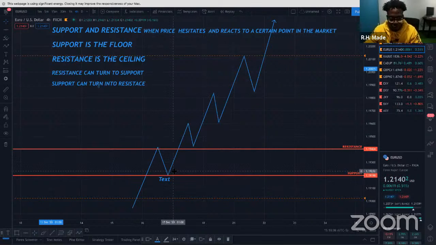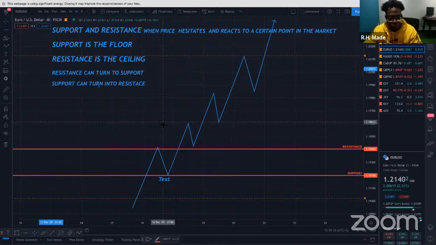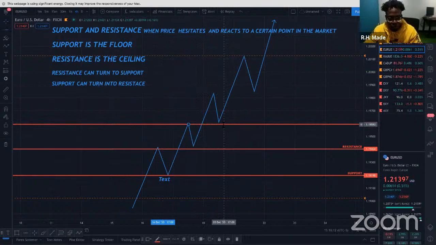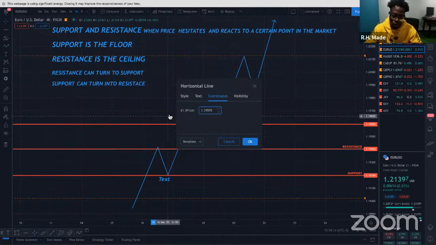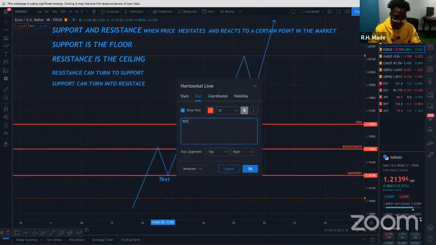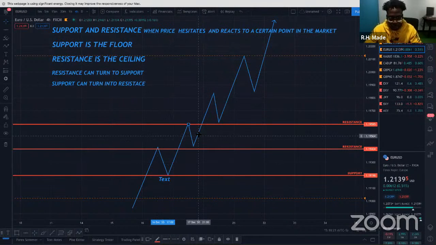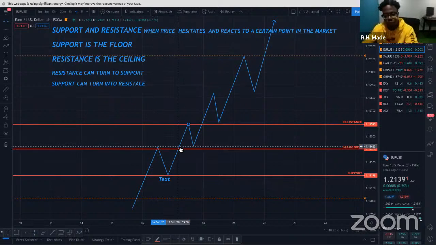All right, cool. So like I was saying, it broke this resistance, right? Now it made a new resistance right there, that higher high. Came down, and now this same resistance came down and retested it as support.